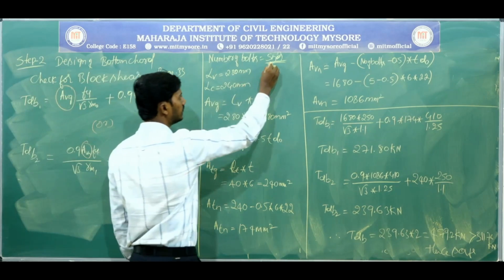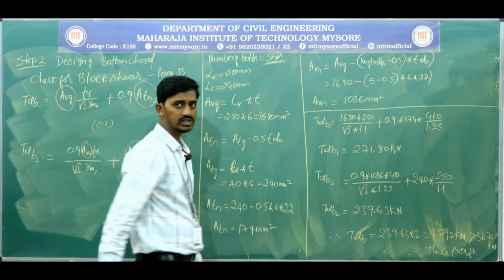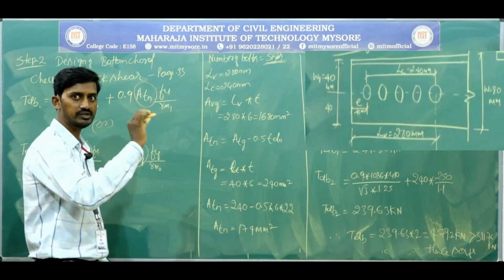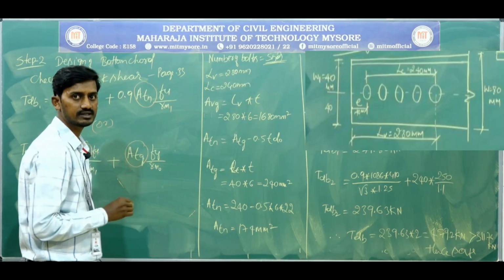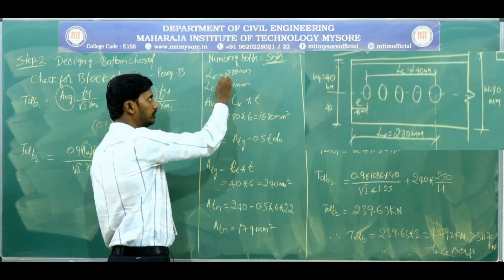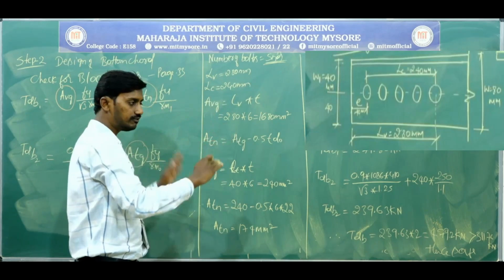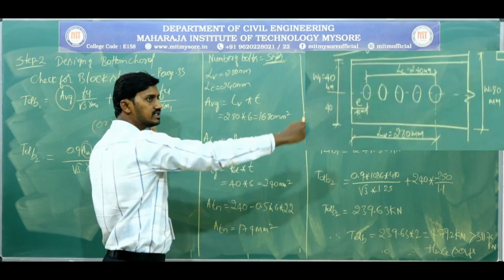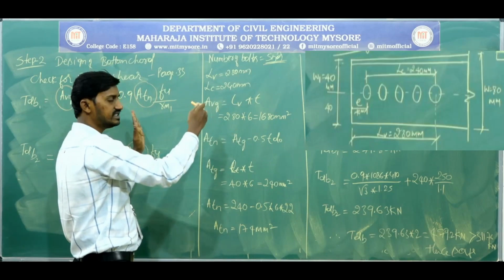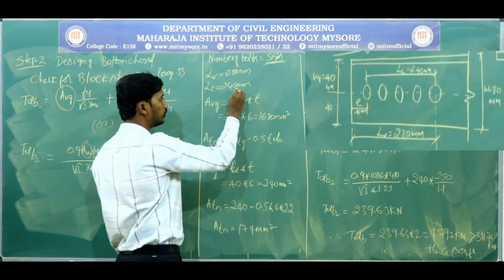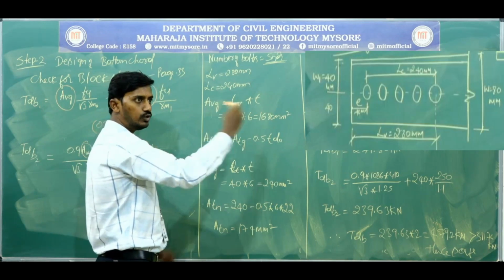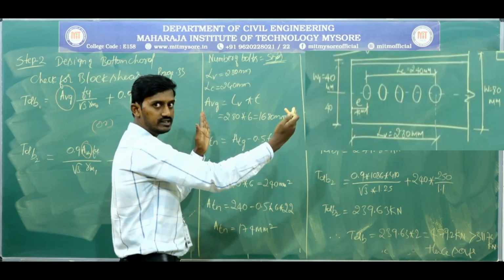We know that the number of bolts is 5. Just imagine, or go back to the previous step and observe the 5 bolts we have placed in the angle. So LV is 280 millimeter. What is LV? In the shear direction, from the edge distance to the last bolt center distance is total 280. And LC was 240, the length of the connection from outermost bolt center to center.